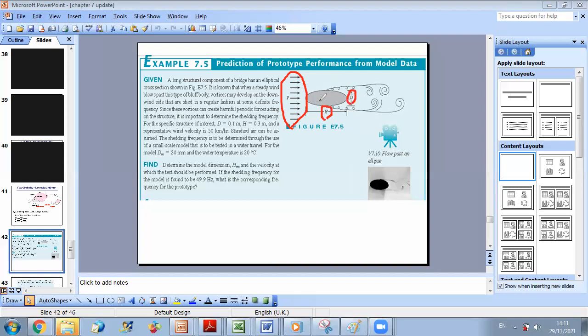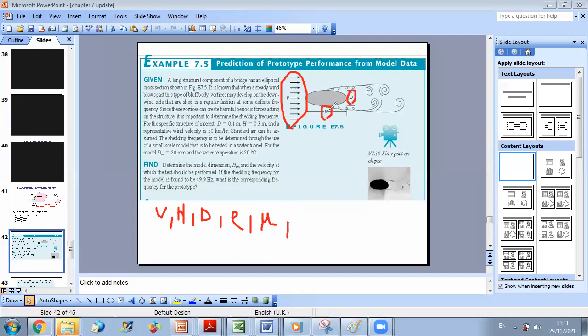Now, as I told you before, whenever you have a flow velocity field, think about the density and viscosity, because they will affect the behavior of the flow. So we have rho and mu.